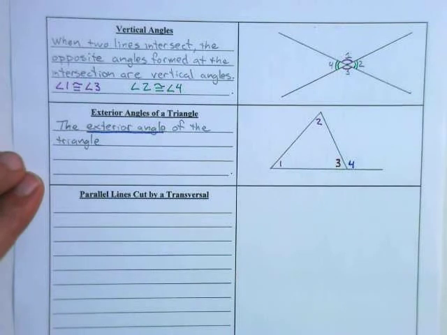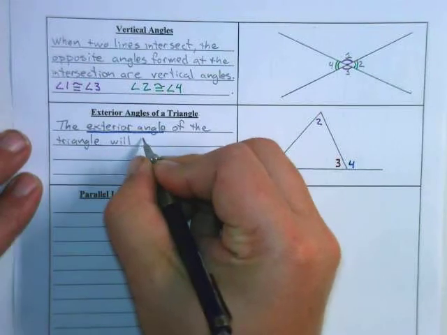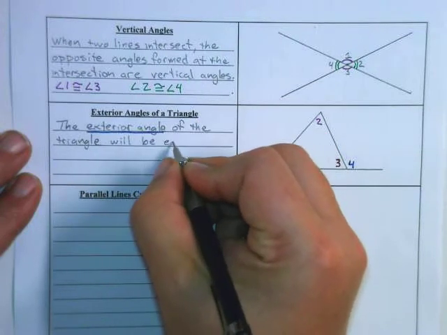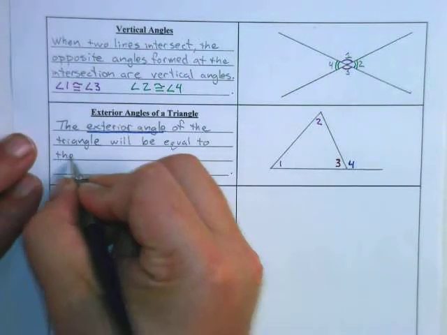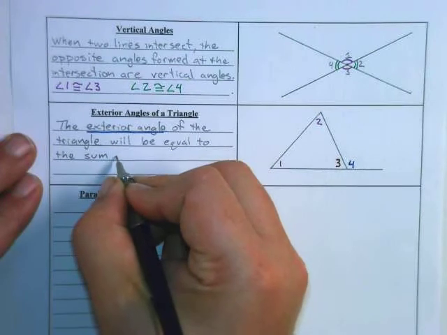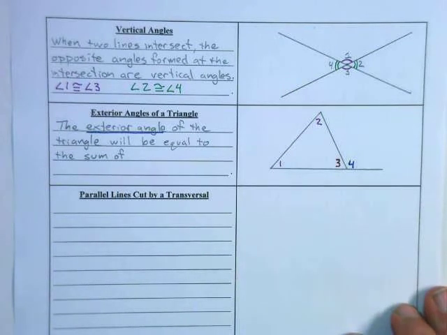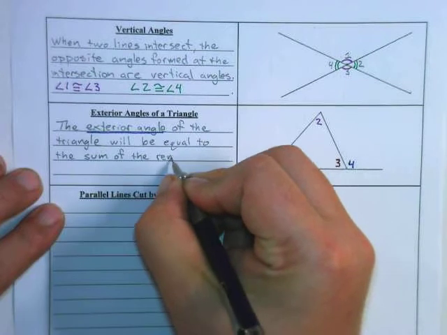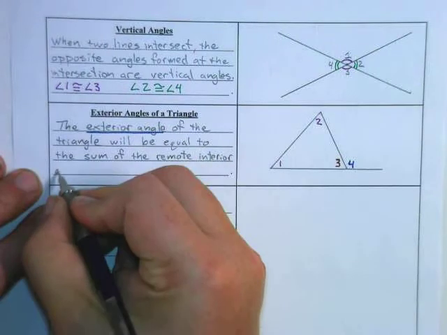So the exterior angle of the triangle will be equal to the sum of, now here's going to be a new term, and it is in your definition packet if you want to look it up, the sum of the remote interior angles.